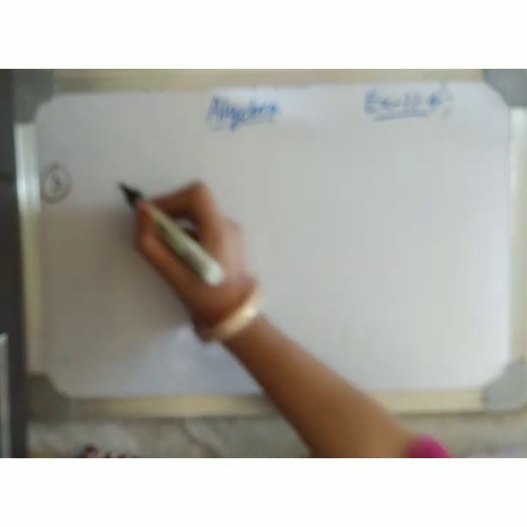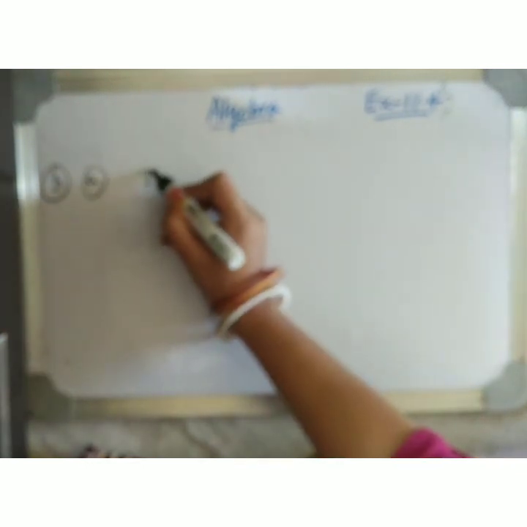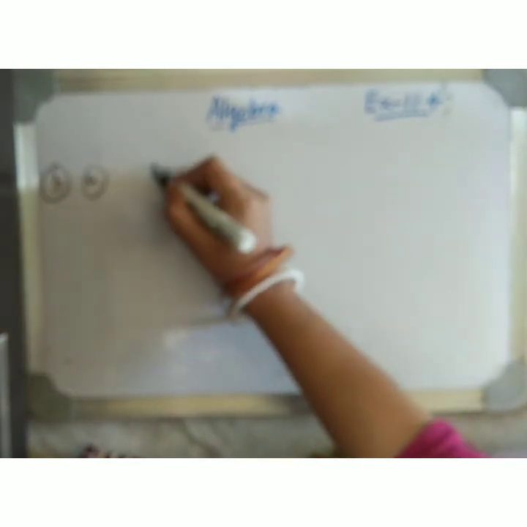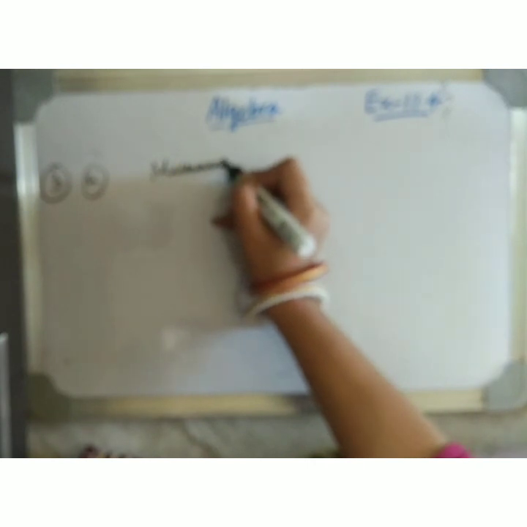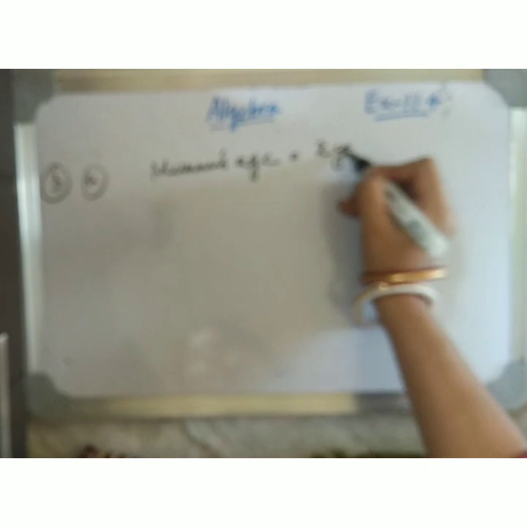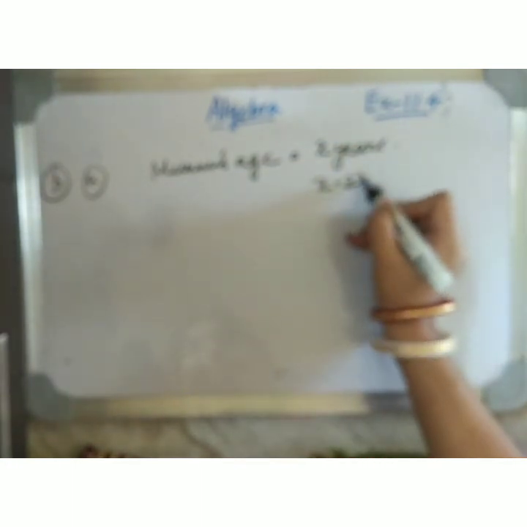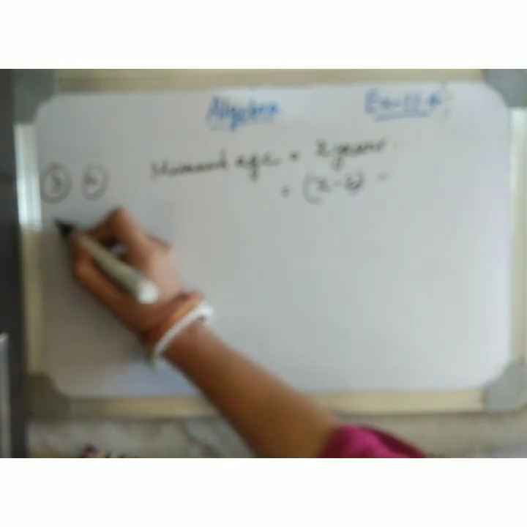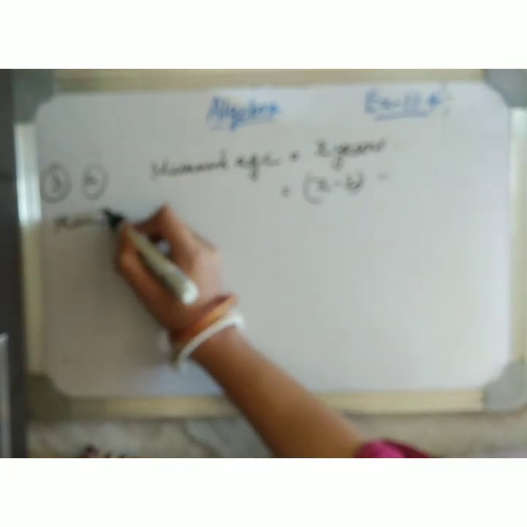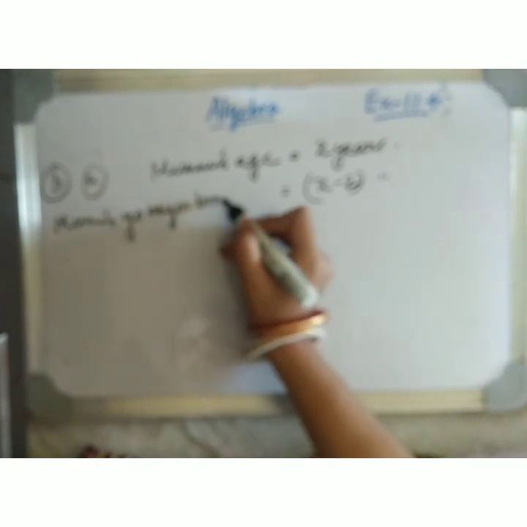In the hint it is given, think of Munnu's younger brother. So whenever we are getting the year, first let's write Munnu's age is X years. So X minus 2 years will be Munnu's younger brother's age.